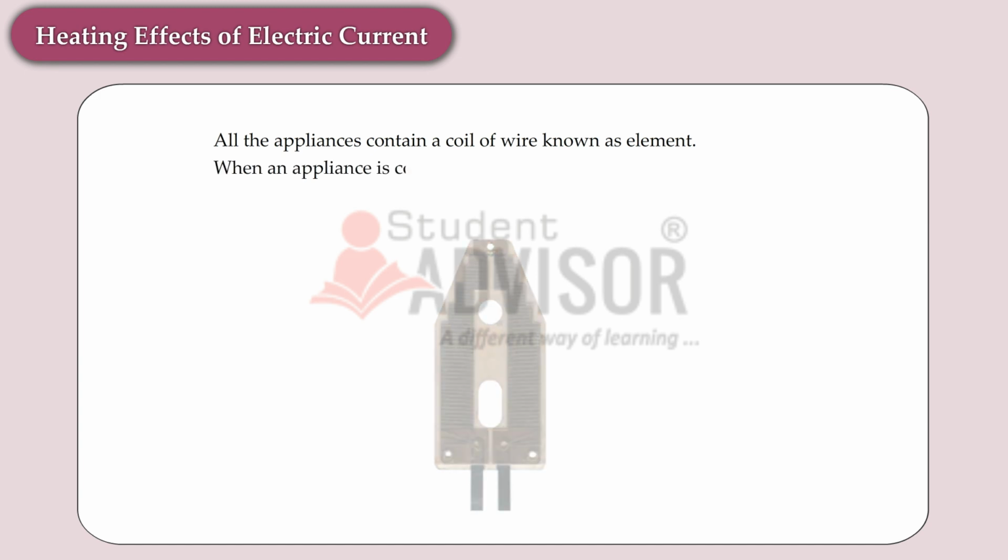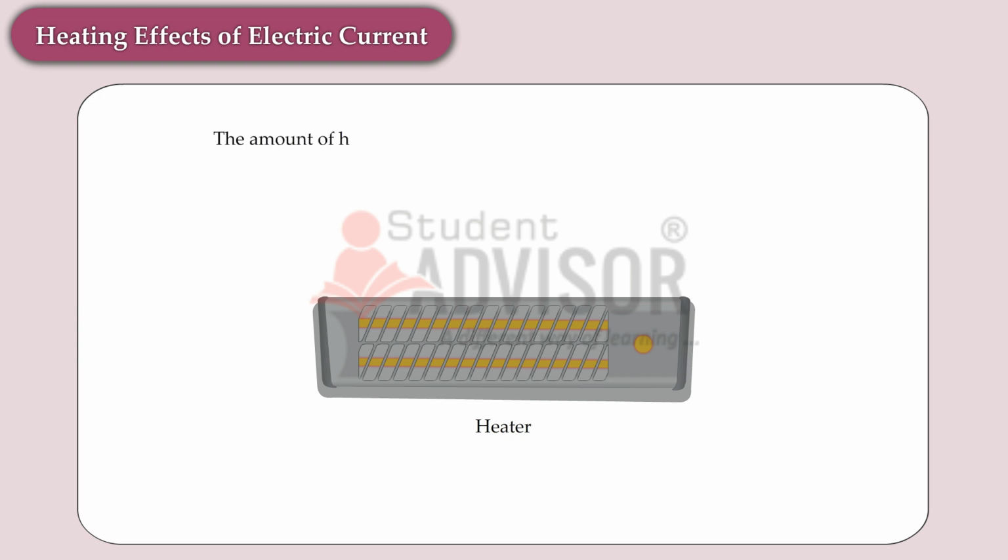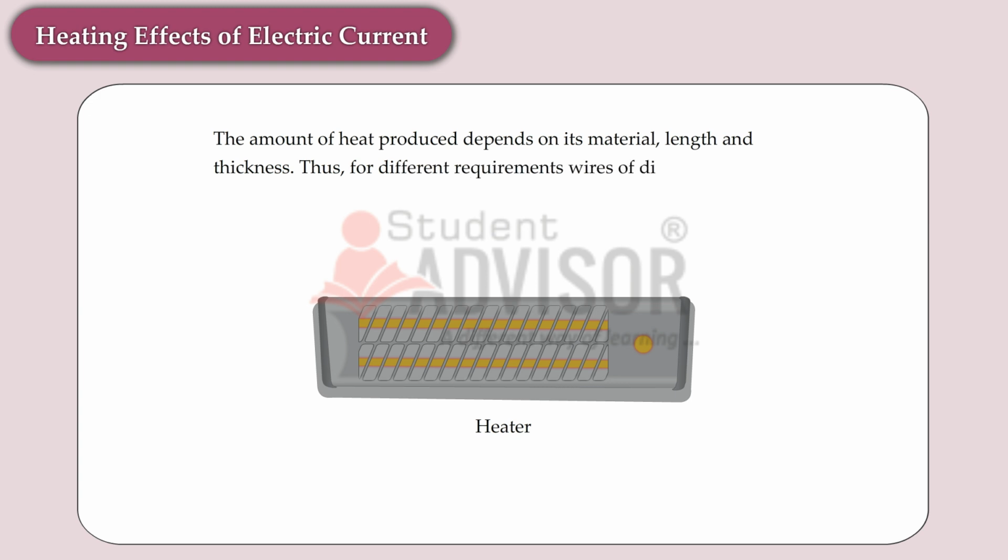When an appliance is connected to electric supply, its element is heated and becomes red hot. The amount of heat produced depends on its material, length and thickness. Thus, for different requirements, wires of different materials and different lengths and thickness are used.